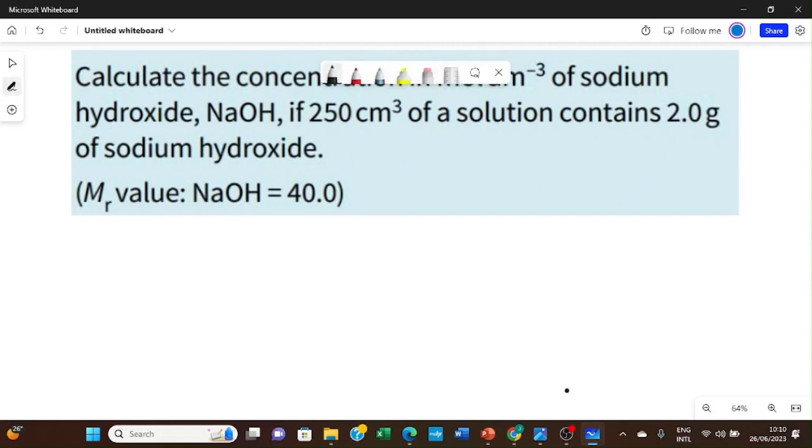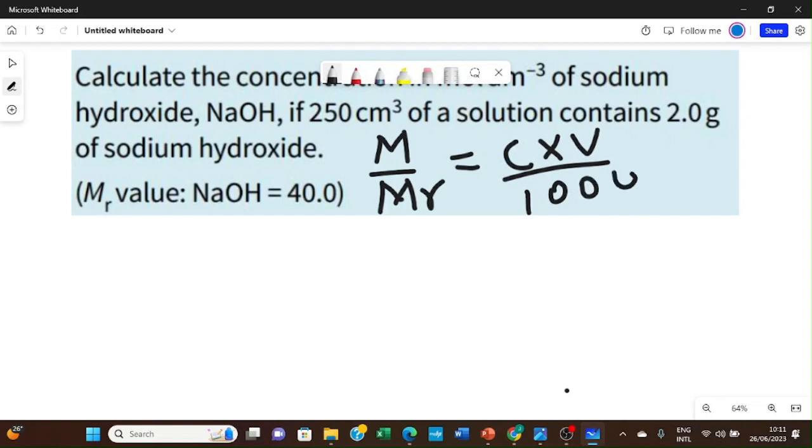You just go straight. Since you know the number of mole is mass over molar mass, and number of mole is concentration times volume over 1000, you can just say mass over molar mass is equal to concentration times volume over 1000. So you just put in the values.